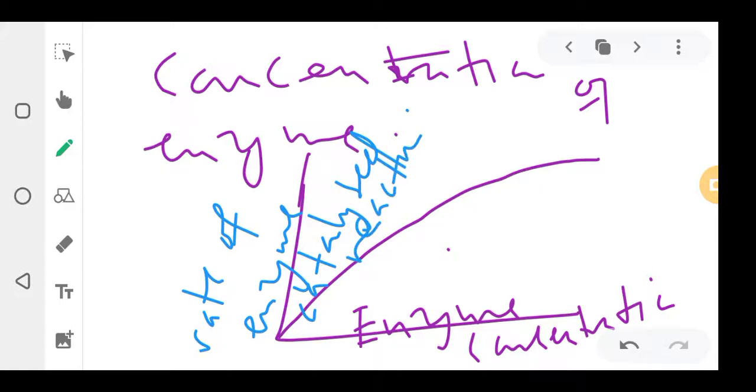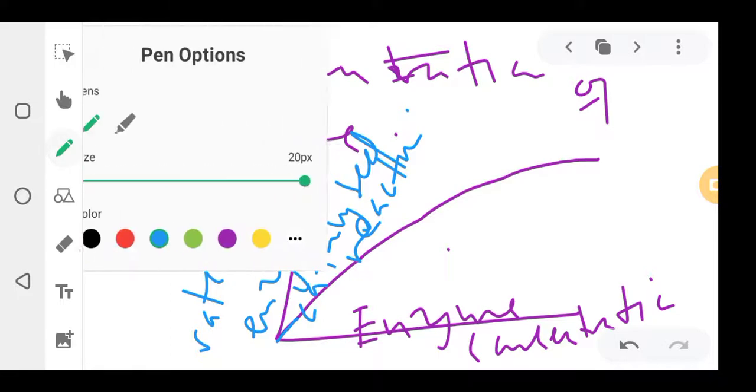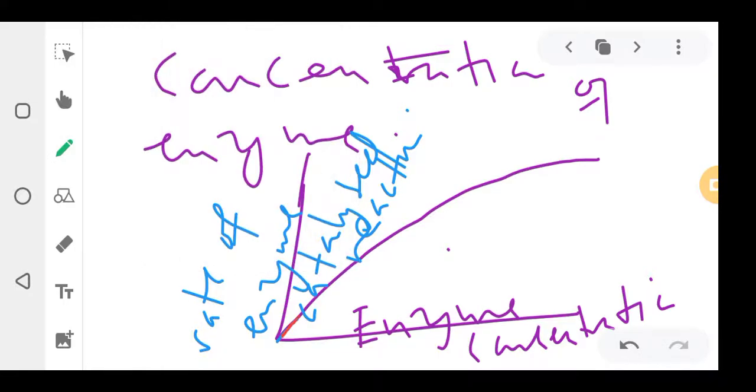As the concentration of the enzyme is increasing, going upwards, the enzyme activity will also increase. The rate of enzyme activity increases. So I'll explain and I'll send these notes so that you have a clear and better understanding.